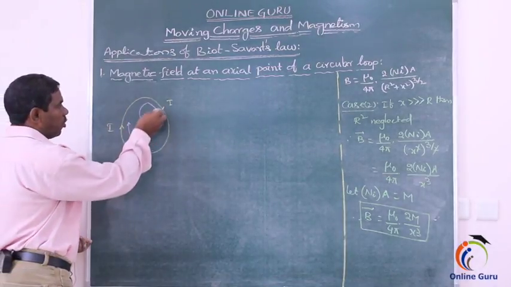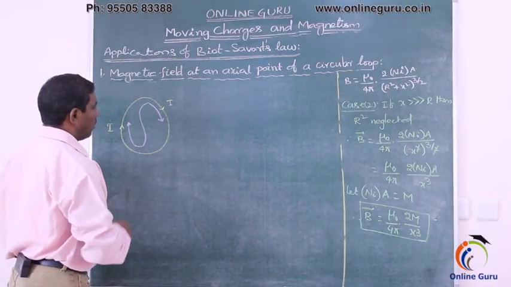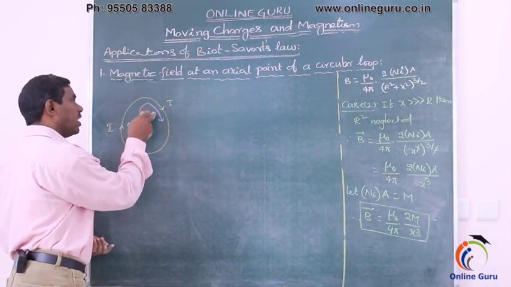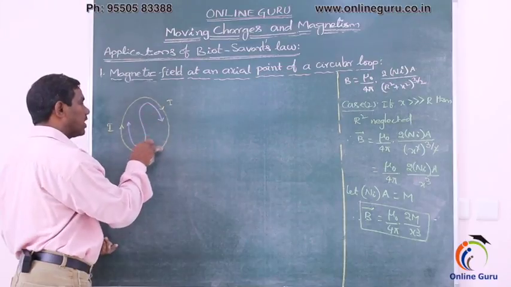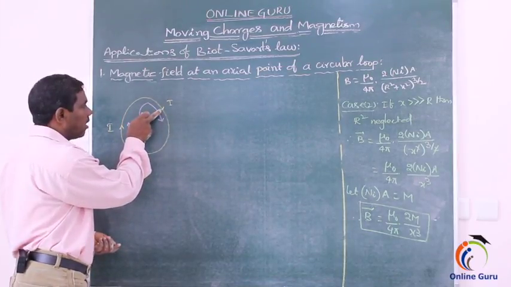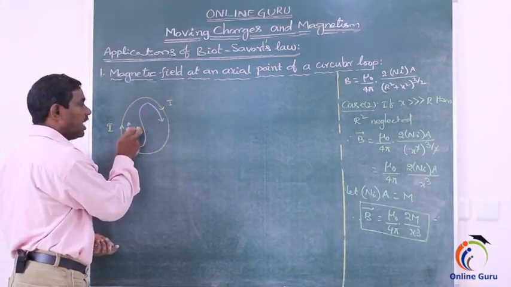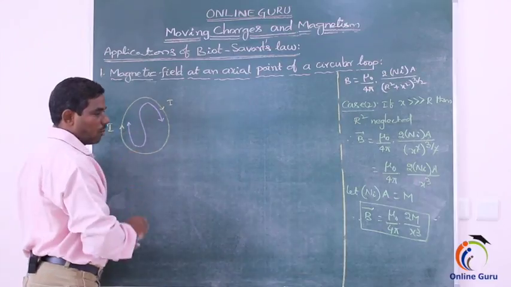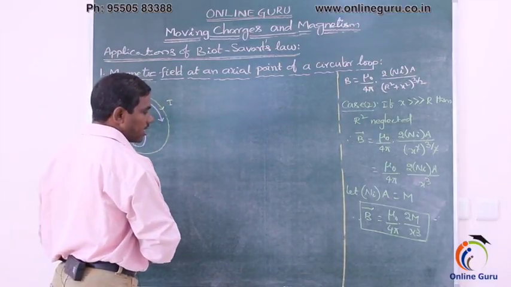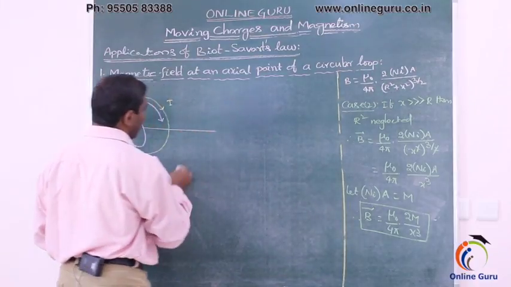When we join both tail ends, the south pole is formed. If current flows in a clockwise direction in the circular loop, it acts as a south pole.